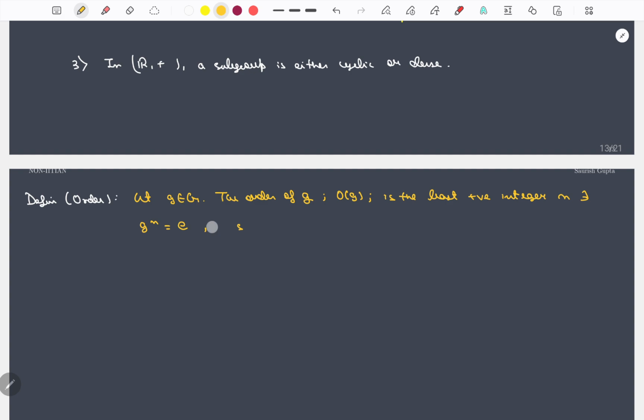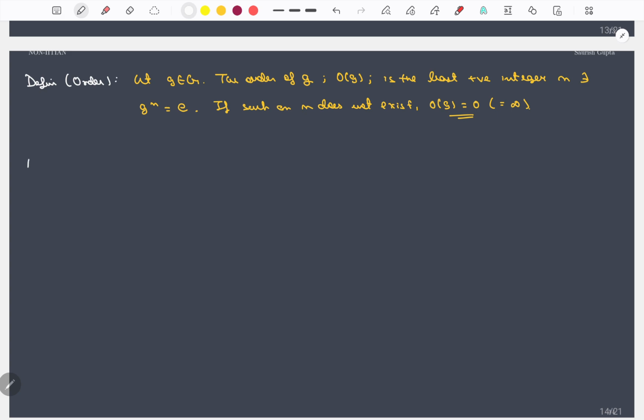If such an n does not exist, then we take the order of that element to be 0, and in some books you'll also see it to be infinity, but we usually work with 0 because it's in some sense more meaningful.